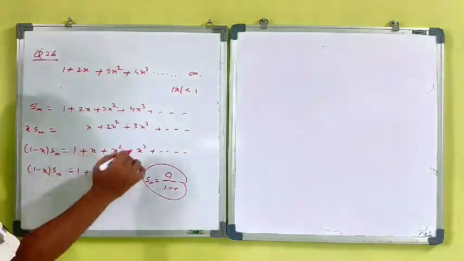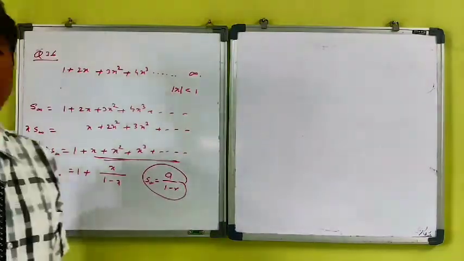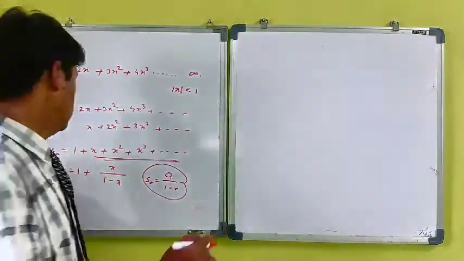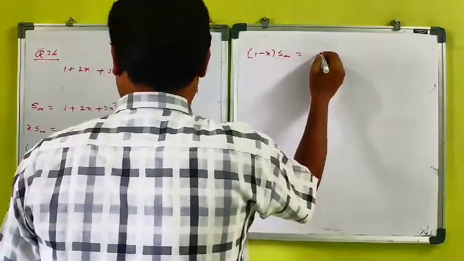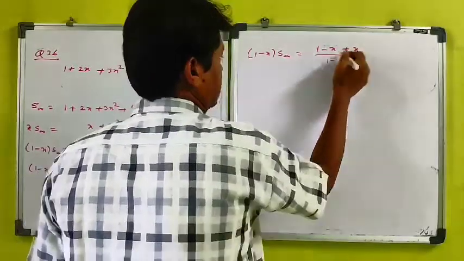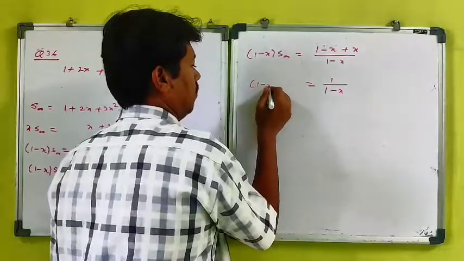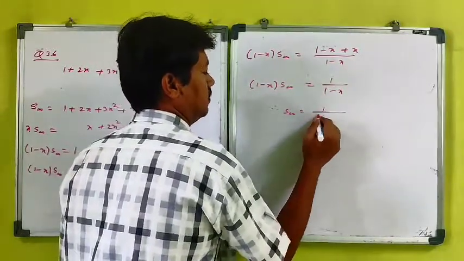So here, up to this, x upon 1 minus x. Now let's multiply this: 1 minus x into S infinity is 1 minus x plus x upon 1 minus x. The x is cancelled. Therefore, S infinity is.